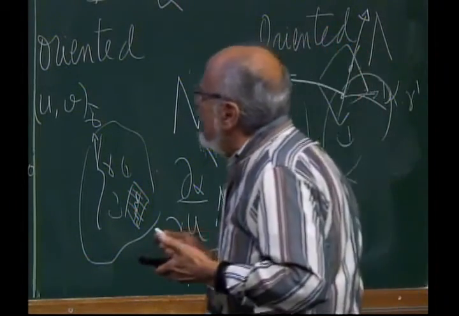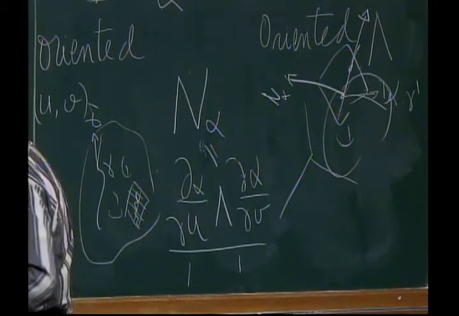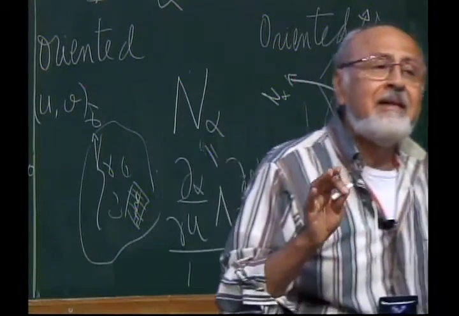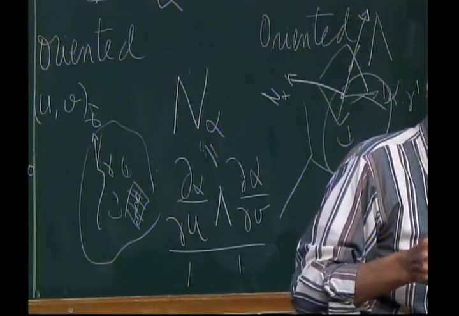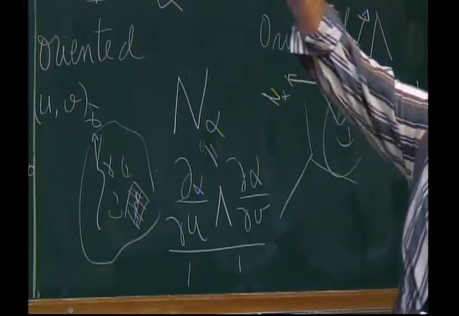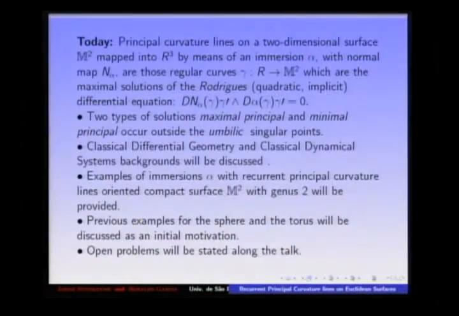So in general, this equation, which you can write also this way, I will not continue writing too many formulas because I want to have time to discuss the geometry. If we take this formulation of the problem of recurrent principal curvature lines and use this definition, probably we will get lost in the search for lines of curvature which are recurrent in the surface.